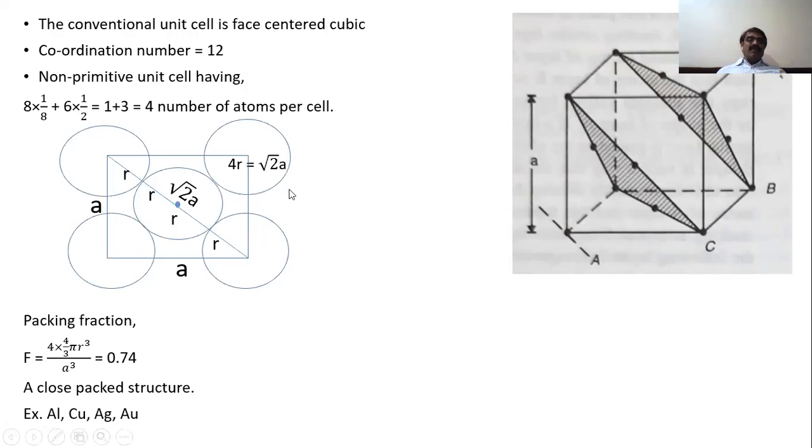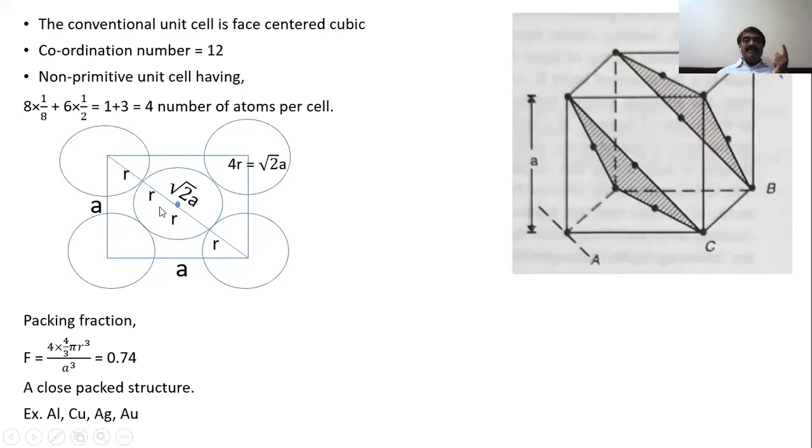Now, in order to find the packing fraction, look at this diagram here. You will find that atoms are arranged at the corners of the face as well as at the center of the face, and atoms are in touch with each other along the diagonal, and one of the diagonals is shown here. If we consider the radius of an atom as r, this radius plus this complete atom, so r plus r, and this radius.